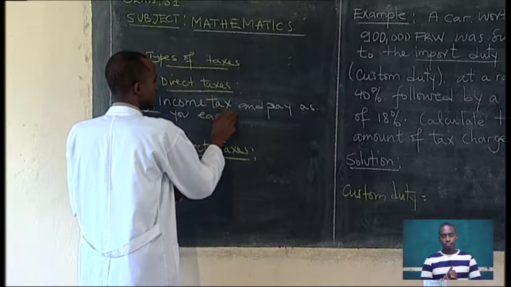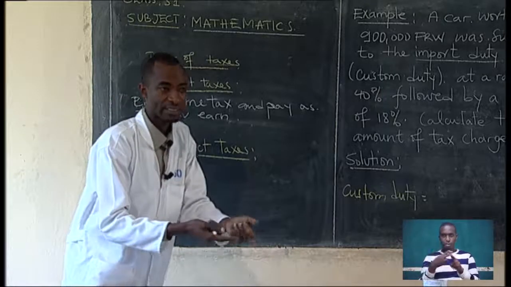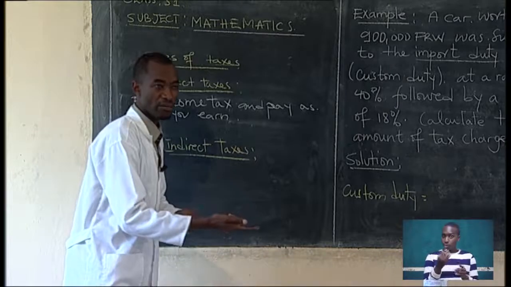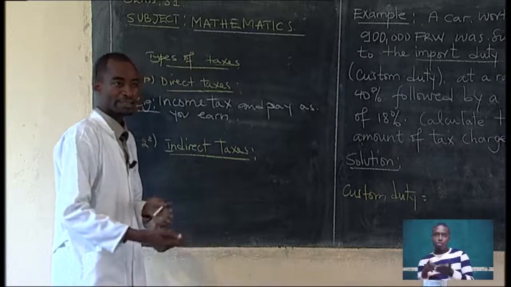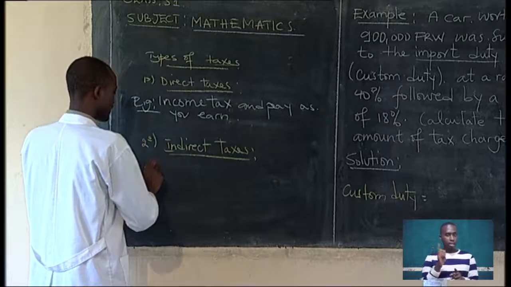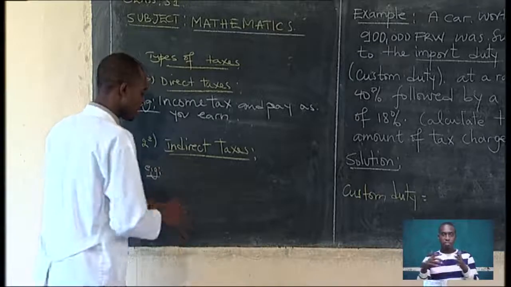That's why we even call it direct taxes. As you earn some money, there is another amount of money that you have to pay as tax. And from the other one called indirect taxes, we have some examples.